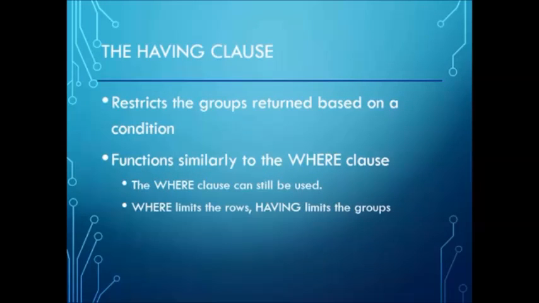If we want to limit something based on an aggregate function, we have to use our having clause. The having clause functions very similarly to a where clause. It has some condition that has to be true. We can think of our having clause as a where clause for groups. So where limits the rows that come into our query.